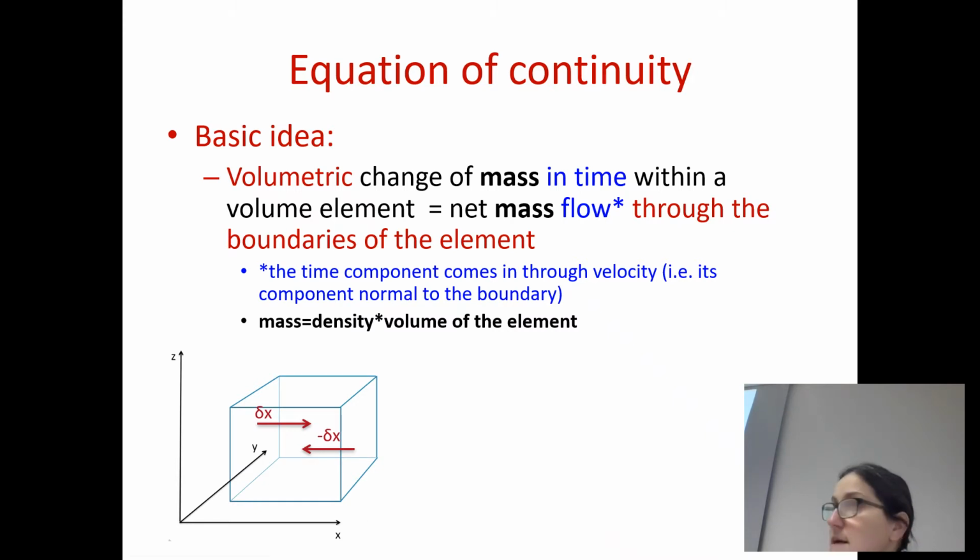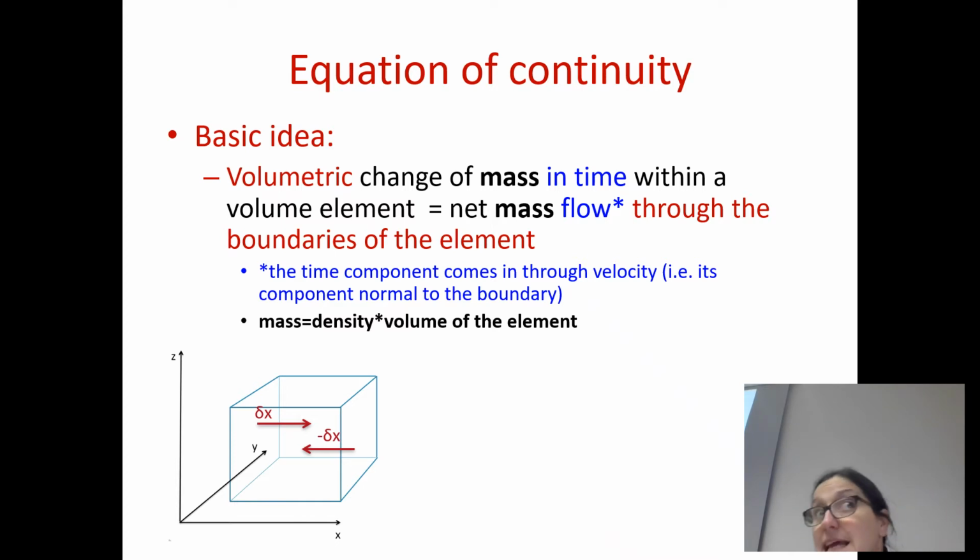So how do I account for mass? Velocity gives me the momentary motion of the fluid, so I'm going to tally up what's arriving into this box by looking at the flow through the boundaries of this box.